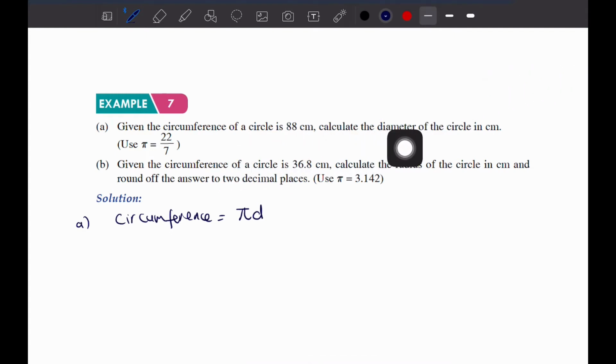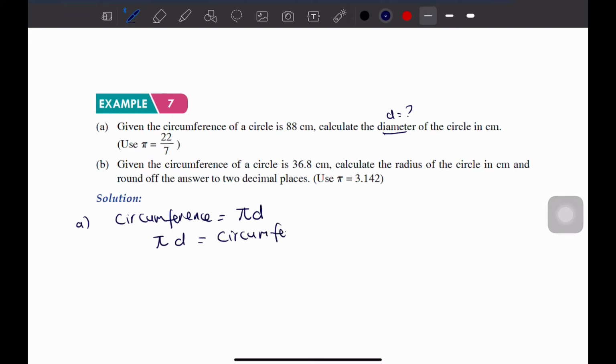The unknown is diameter d. Usually if you want to find the unknown, make sure the unknown is on the left side of the equation. So you change this d into the front. So you have pi d is equal to circumference.